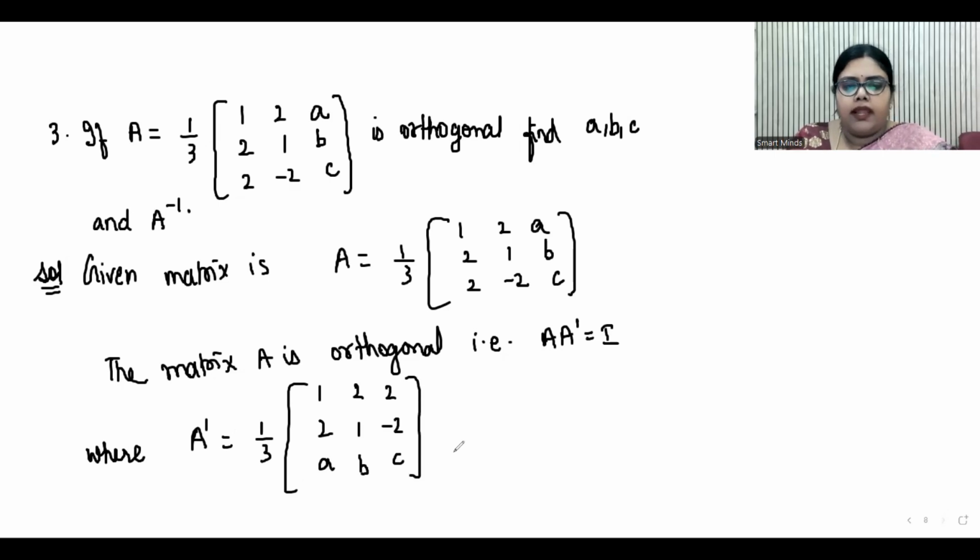Now you have A and A transpose. Let us multiply them. What do we consider here?